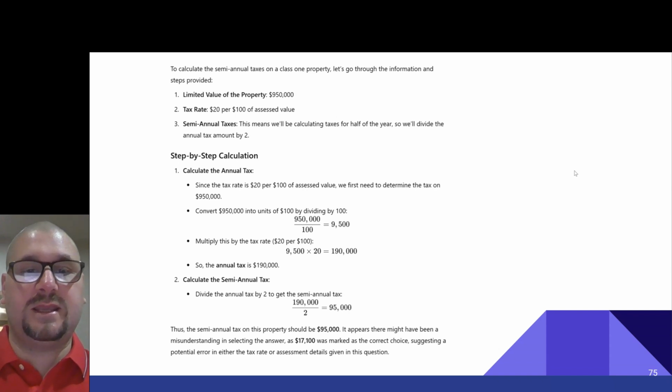Thus the semi-annual tax on this property should be $95,000. It appears there might have been a misunderstanding in selecting the answer, as $17,100 was marked as the correct choice, suggesting a potential error in either the tax rate or the assessed details given in this question.